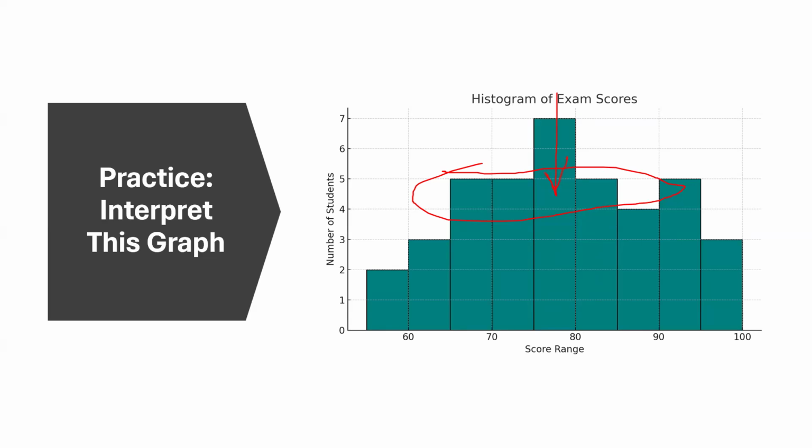The distribution appears roughly symmetric, meaning the data is fairly balanced on either side of the central peak. That gives us a hint that the average and median scores will likely be close to each other. We can also see that very few students scored below 65, that's these two bars over here, or above 95 up here.